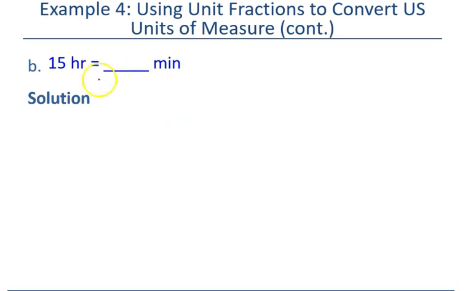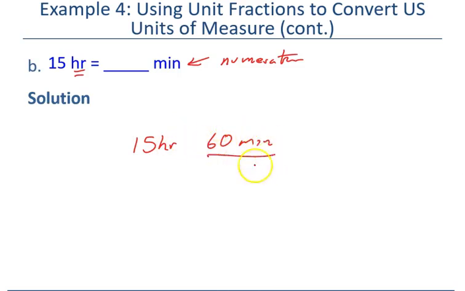So we got 15 hours is how many minutes? So we know this guy right here needs to be our numerator. This is what we're going to be trying to divide out. So what we're going to look at is we're going to have 15 hours. Well, when we look at the 15 hours, remember that we have 60 minutes in 1 hour.